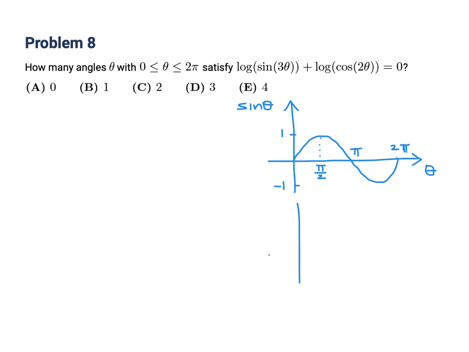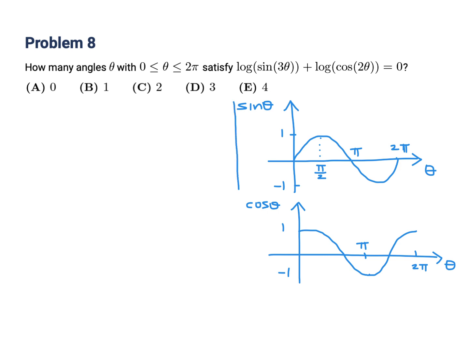And for cos theta, it's one of these situations where, again, this is 1, negative 1, 2 pi is here, and halfway is pi, and so on. It's helpful to refresh anybody's memory.